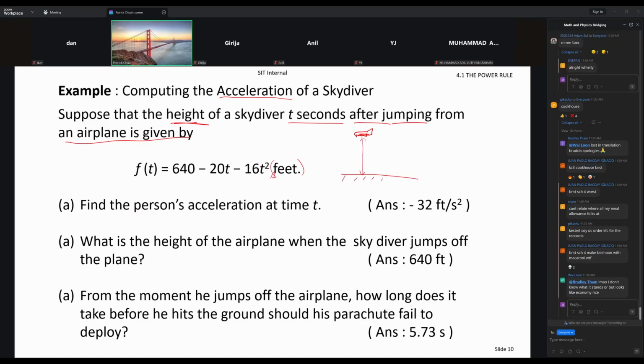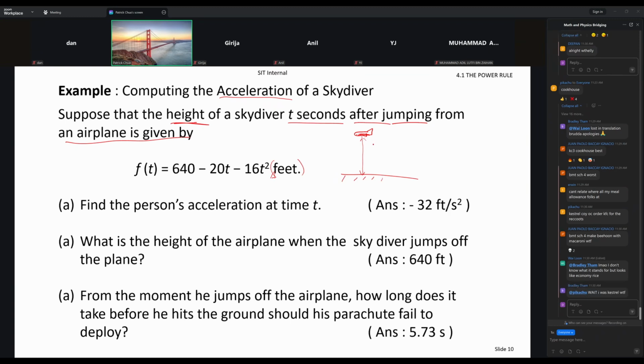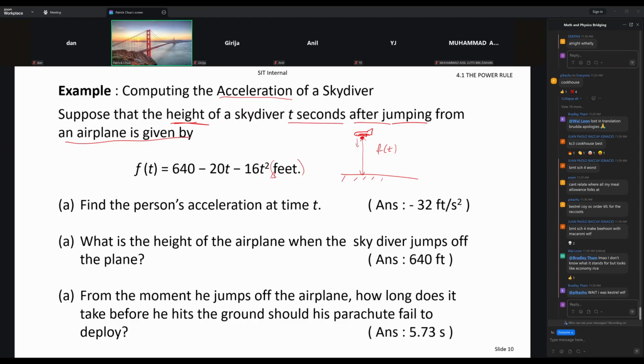So this guy jumps. This height is represented as f(t). It's a function of t. As he jumps down, the height will change.